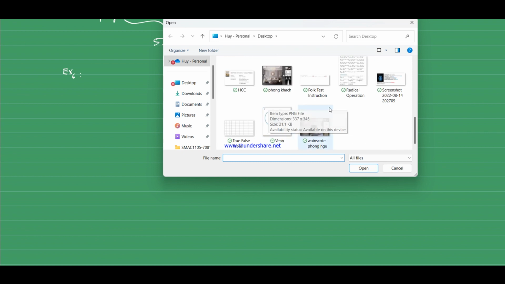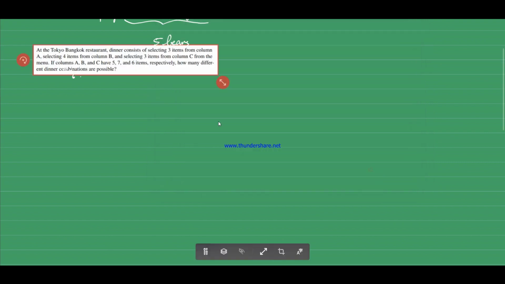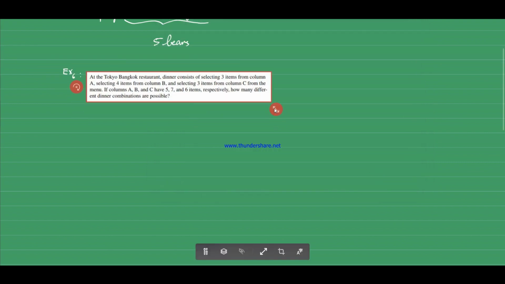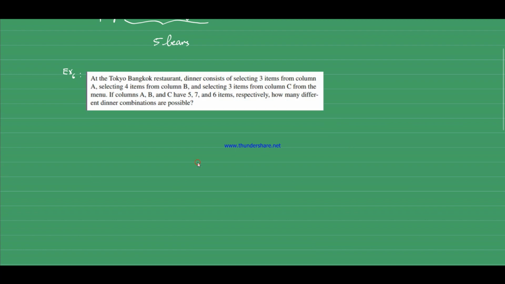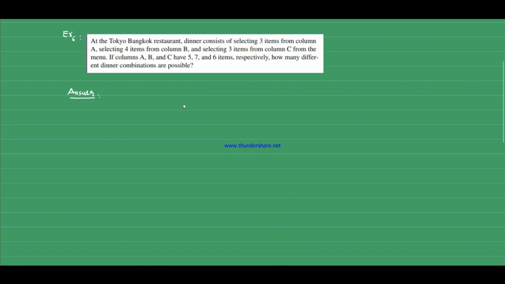Now next, example number 6. So we have a restaurant with 3 columns.